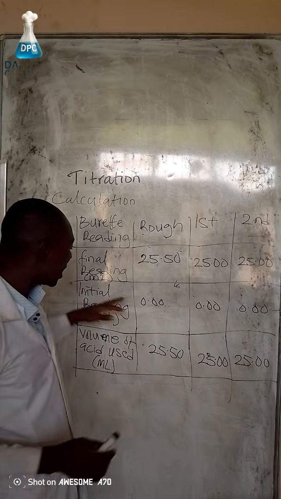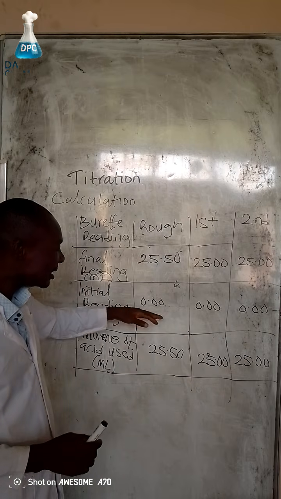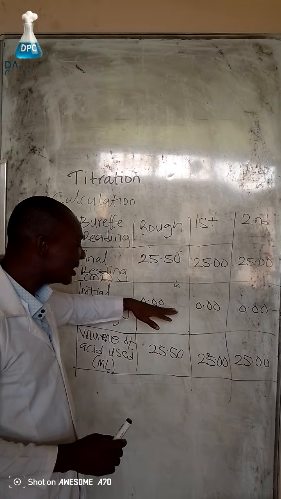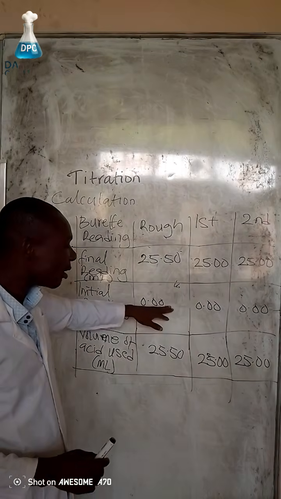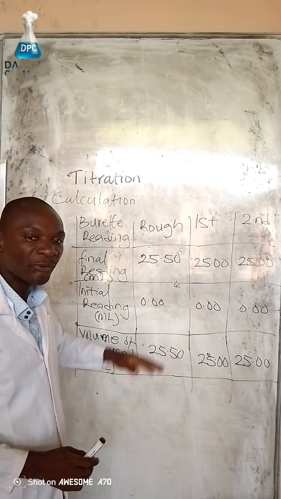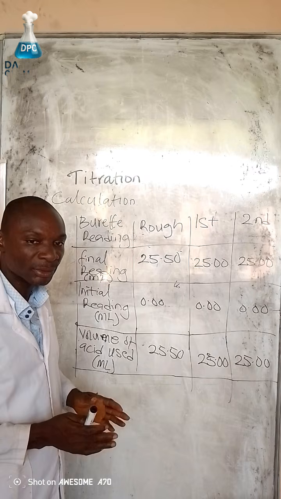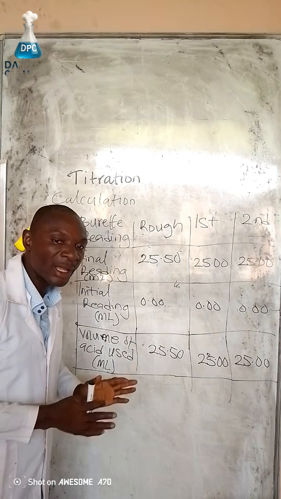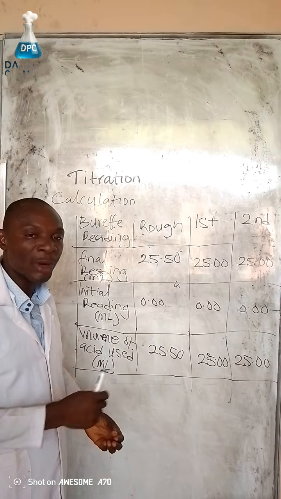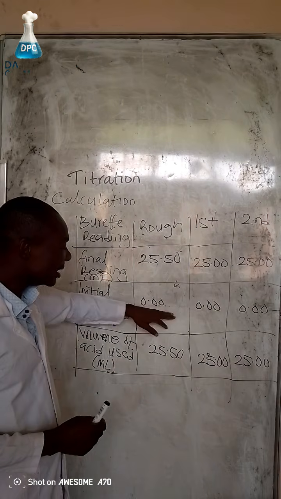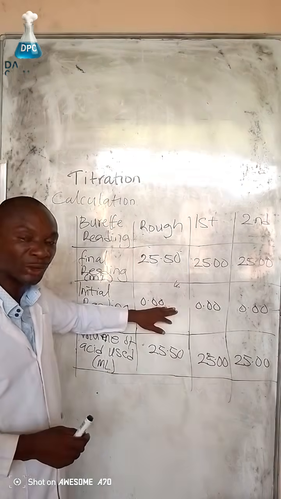Now, the initial reading is the volume of acid, or the level of the acid, in the burette before you start titration. After you have set up and filled your acid in your burette, that is the initial point before you start titration.